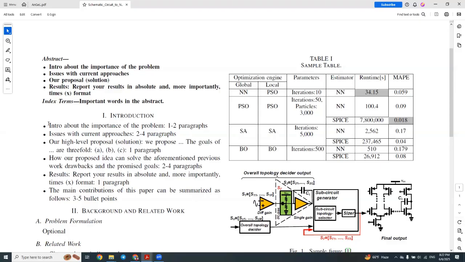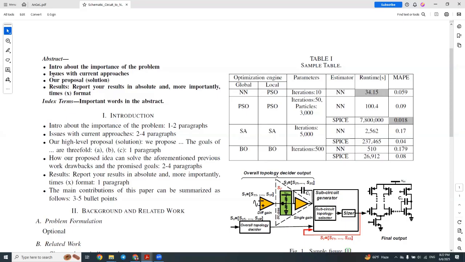In one to two paragraphs, we talk about the importance of the problem. As you can see, most of the bullet points here are the same as in the abstract. It has the same structure.